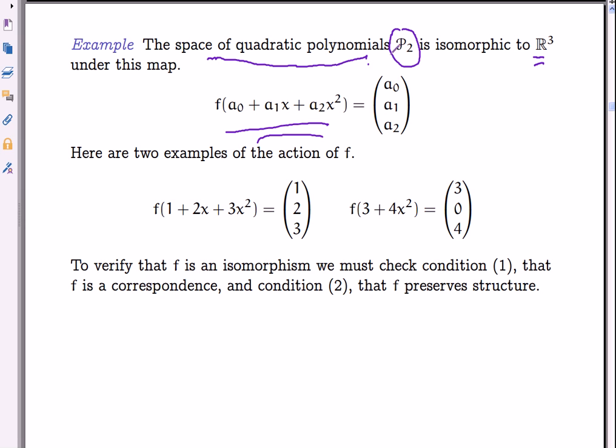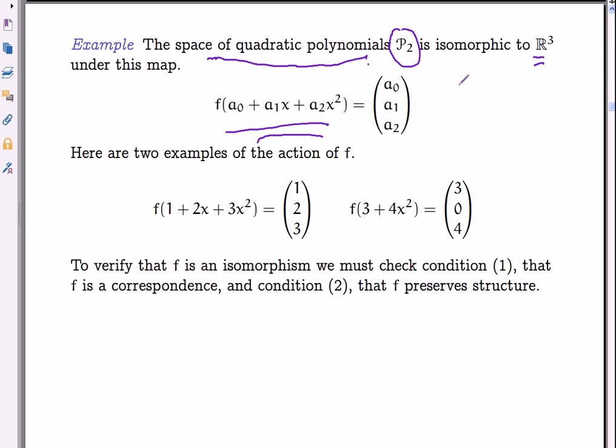Now, when we were doing the isomorphism between R2 and P1, we were taking a map from R2 to P1. In this case, we're taking a map from P2 to R3. Now, you can pretty much see that we could have defined instead a map from R3 to P2.